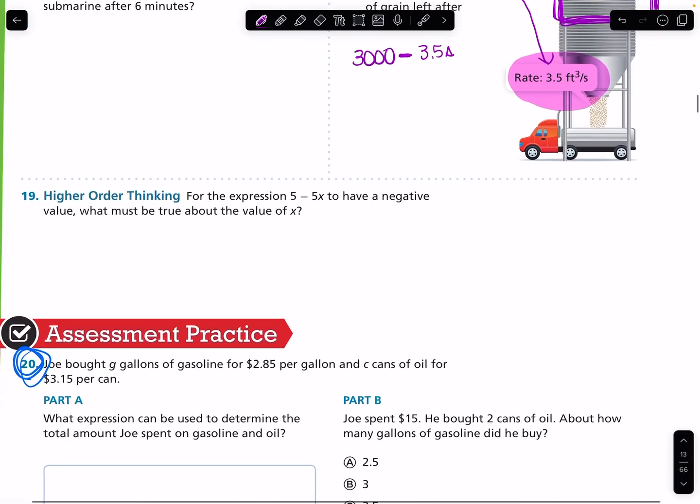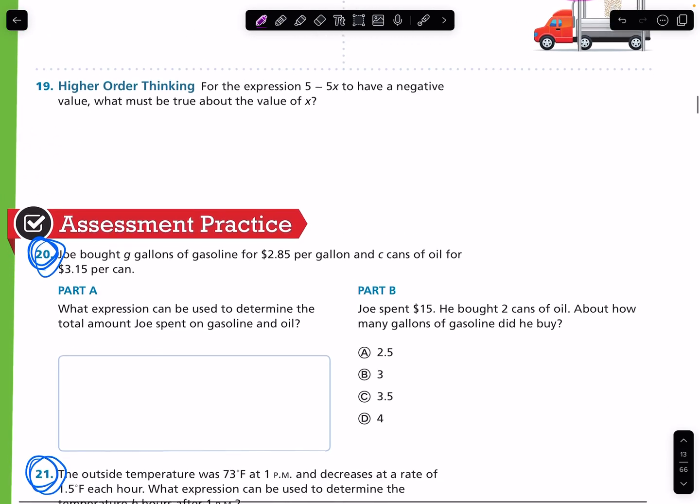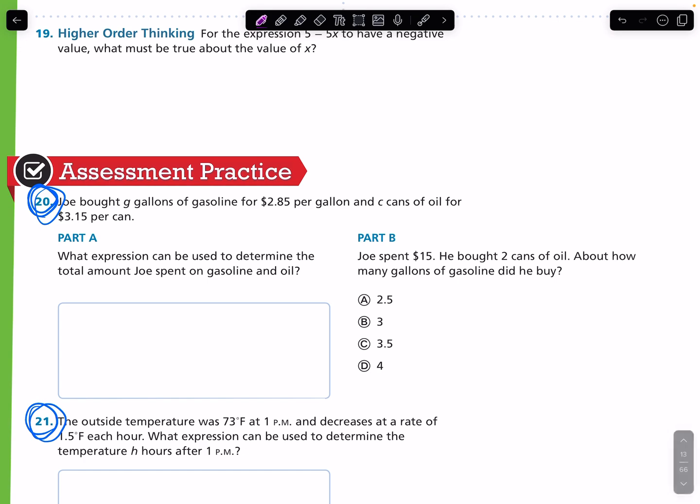Okay, so now we're going to go ahead and do number 20. If you needed to pause the video, you should have paused the video, but I know that you know how to go back. All right, this one is Joe bought G gallons of gasoline for $2.85 per gallon and C cans of oil for $3.15 per can. Well, this again has got some help for me. G gallons goes with the cost. So those two go together.